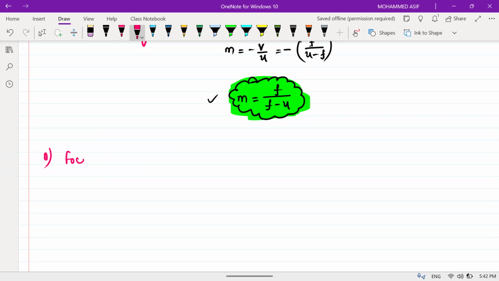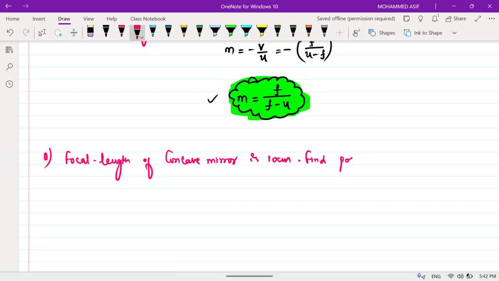See the problem. Focal length of a concave mirror is 10 centimeters.